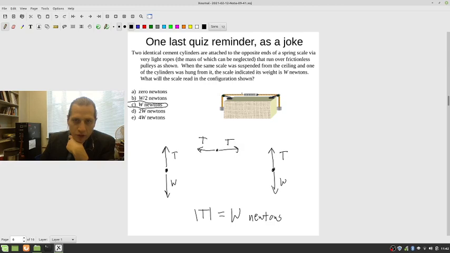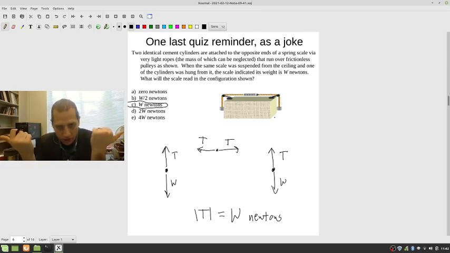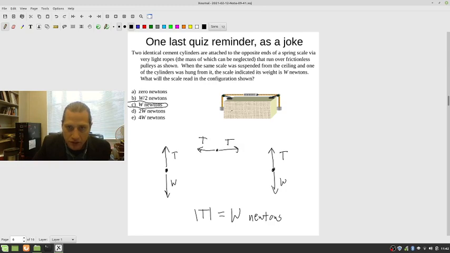On the other hand, when you hang something over here and hang something over there, you want to feel that you're going to get 2 W newtons out of it. But that in fact is not the case. If I simply replace this by attaching it to the wall, I get the same tension force as if I balance it with 2 gravitational forces. So a little bit of a thinking question on that one.